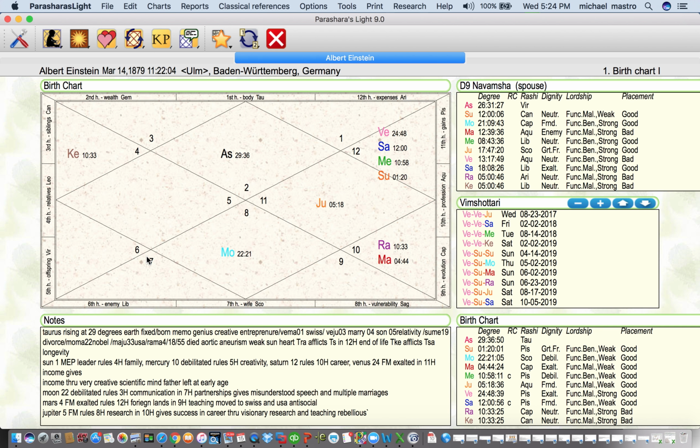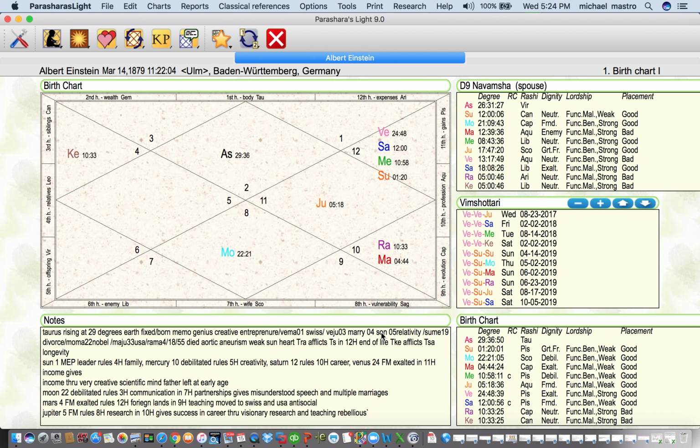So I think he was pretty rebellious in his younger years. He got thrown out of one school, I think. Because he's smart, I think he was a little bit brash. People took what he said the wrong way. So that weak Mercury or afflicted Mercury could have something to do with that.